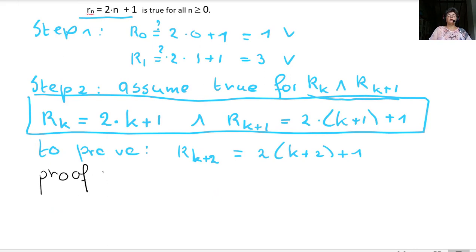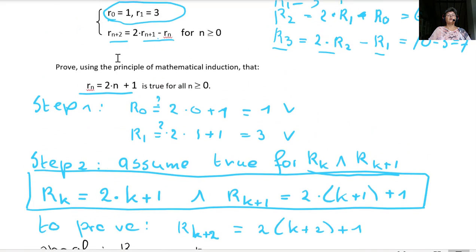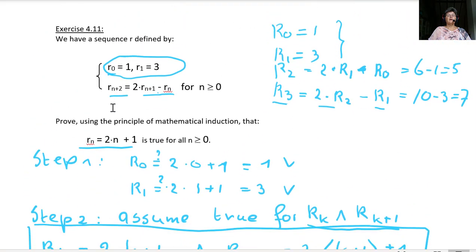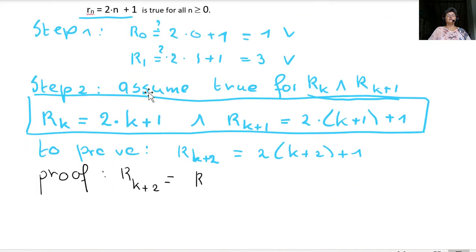So we have to start on the left. So Rk plus 2. What do we know? We know by definition that Rk plus 2 is, and I have to go up to check, is 2 times Rk plus 1 minus Rk.